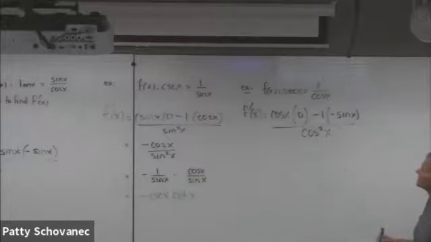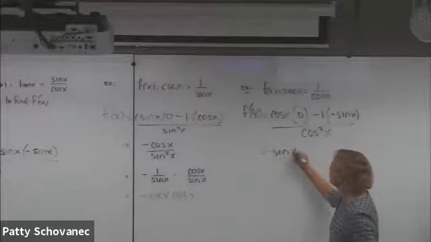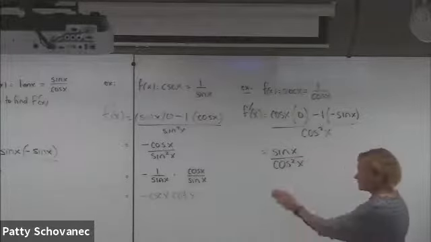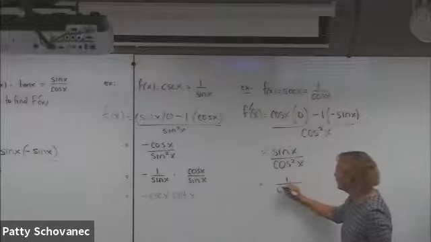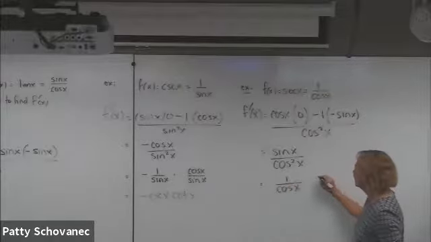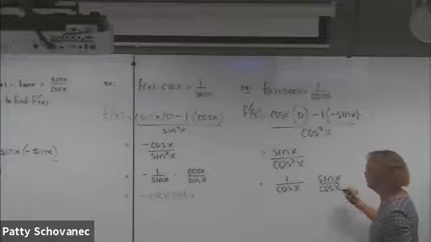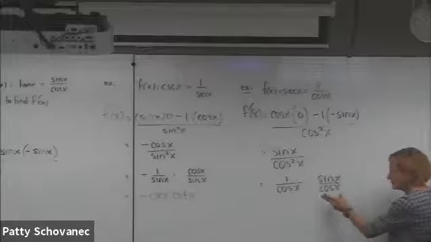These two minuses will give me a positive sine of x on top. And then we do the same kind of factoring like we did there. Pull out a 1 over cosine of x and a sine x over cosine of x so that we have our trig reciprocal formulas. That's a secant, that's a tangent.